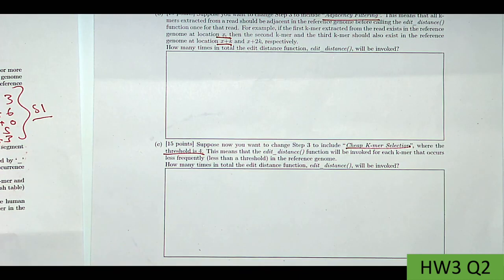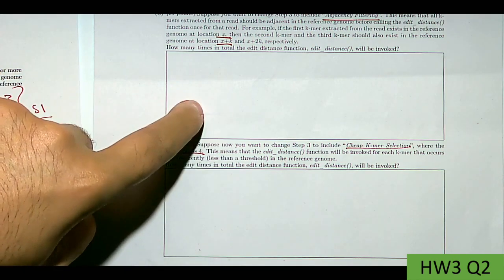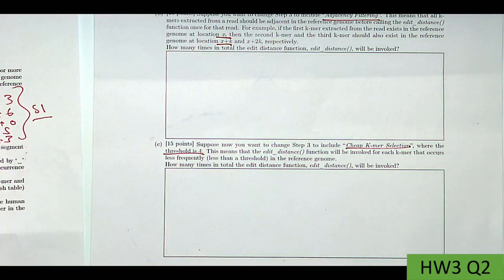Now the question: do we need to apply this cheap k-mer selection on the solution we performed in B or A? Why? Do we mention something about it?